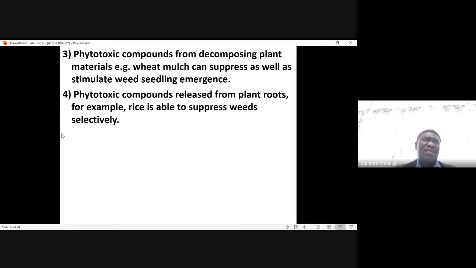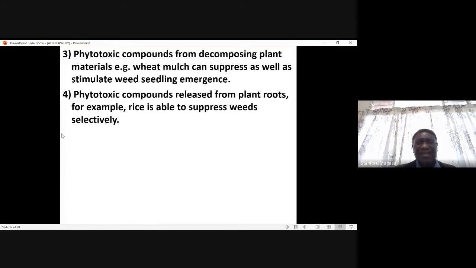In fact, we have a rice plant which was bred, which releases allelochemicals which can kill plants. So in that rice variety, you don't actually need to weed it.